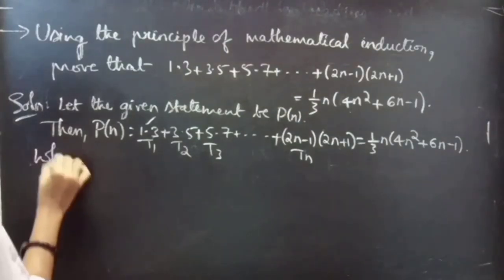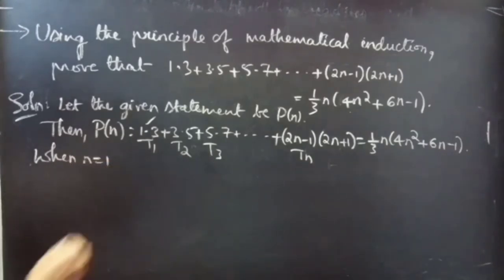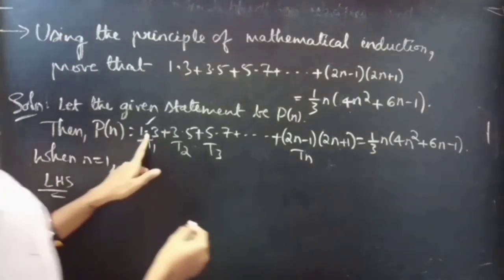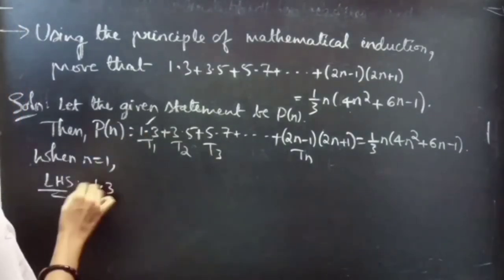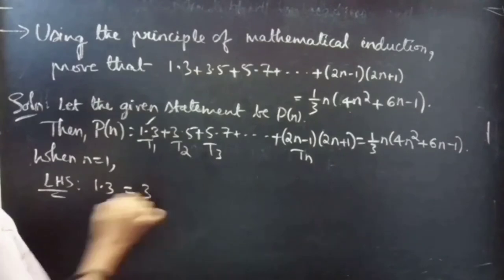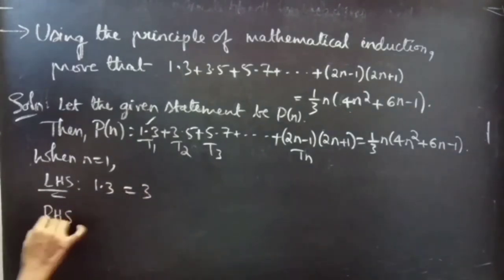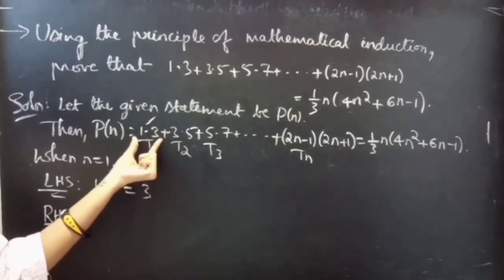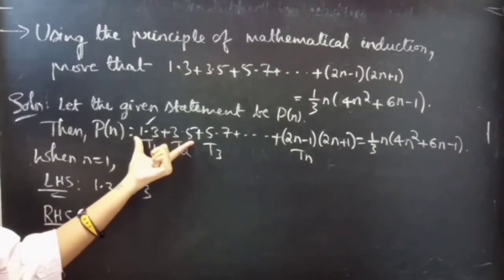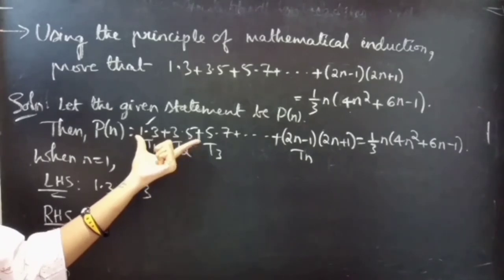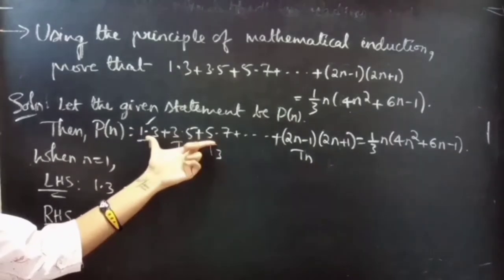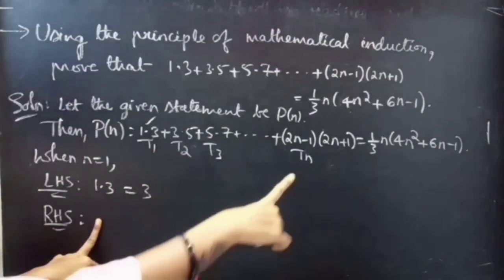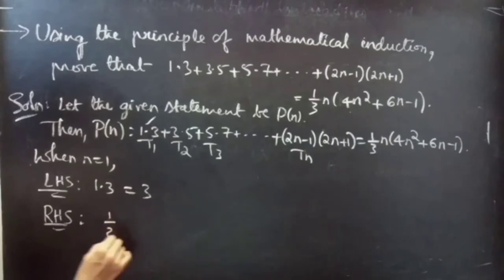Now, when n equals 1, LHS is 1 into 3, which is 1 3s are 3. N equals 1 is nothing but only one term. Okay, when n equals 2, you'll take the sum of two terms. When n equals 3, you'll take the sum of three terms. Okay, fine.